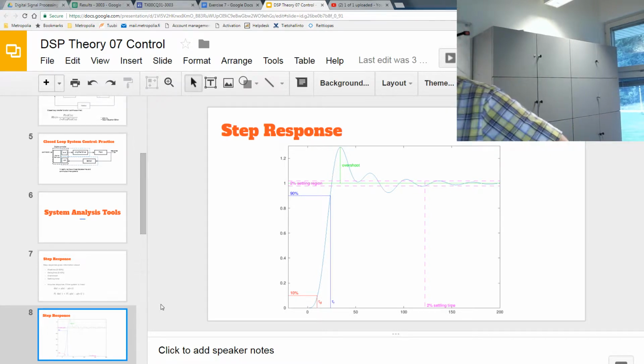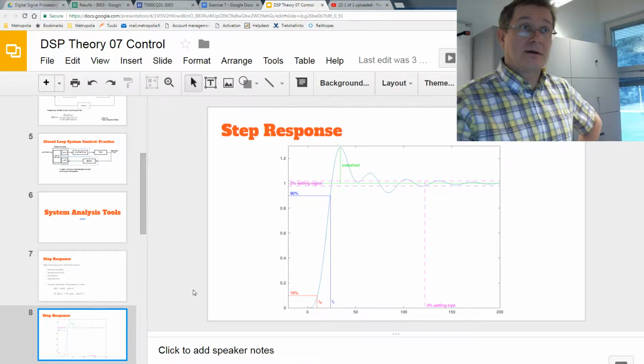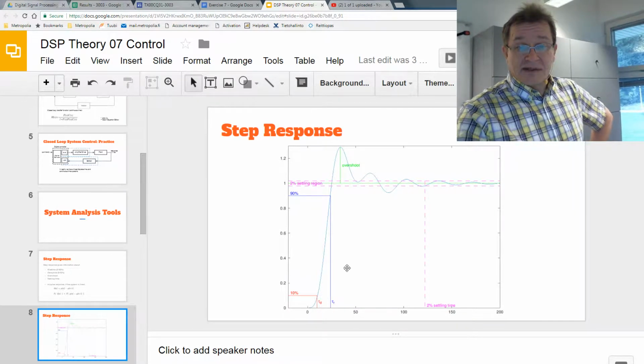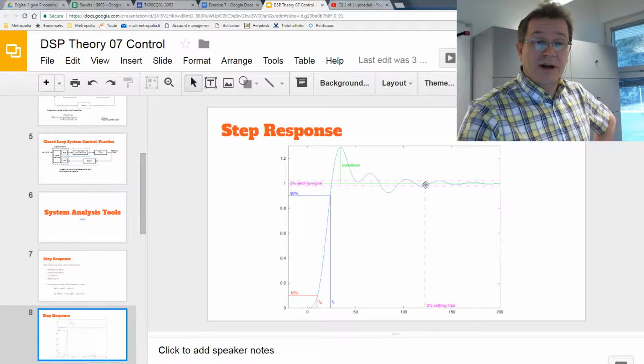So how much there is overshoot? What is the delay time? What is the rise time of this? What is the settling time for certain value or certain range?